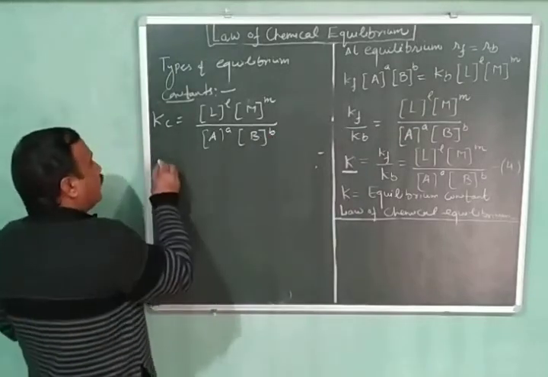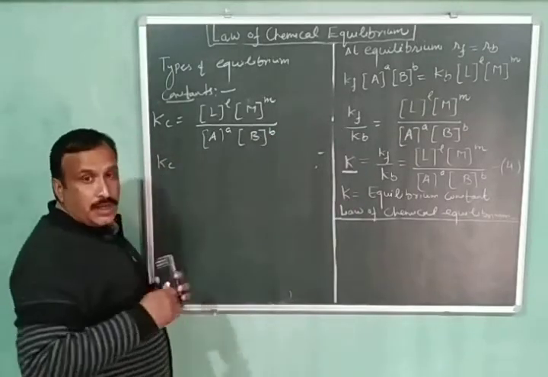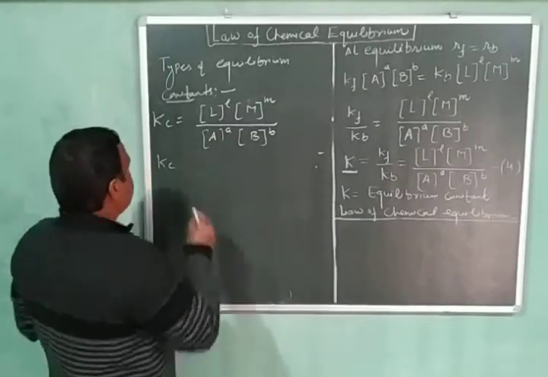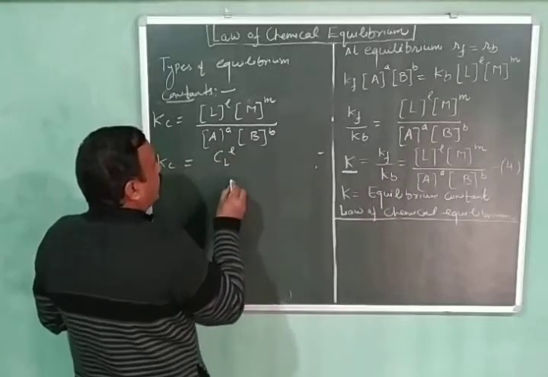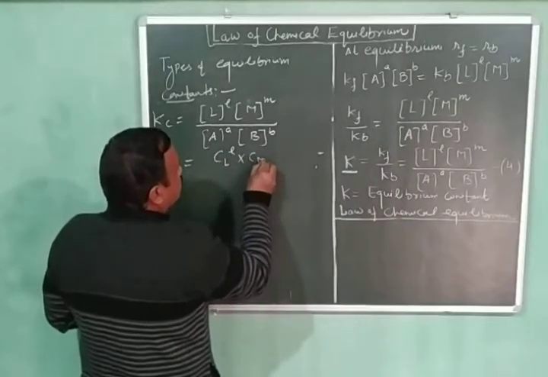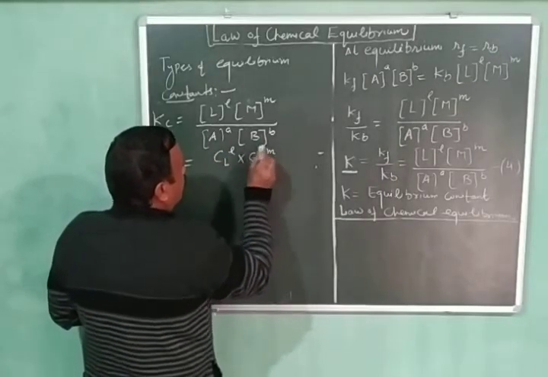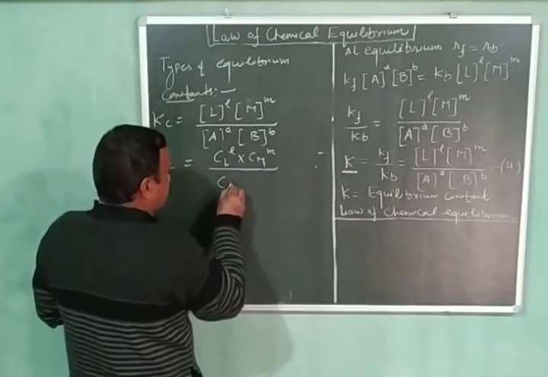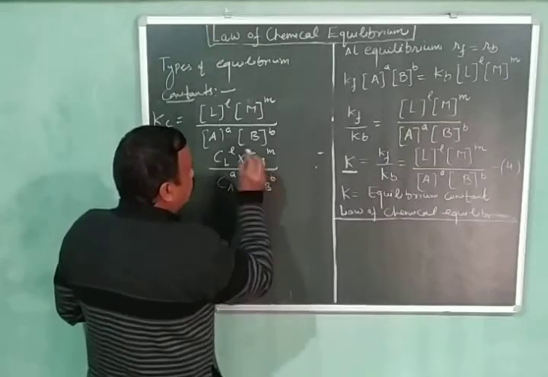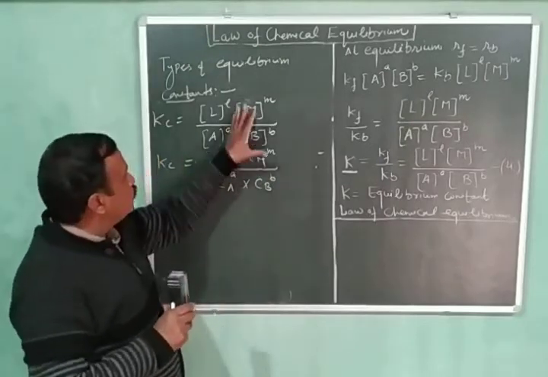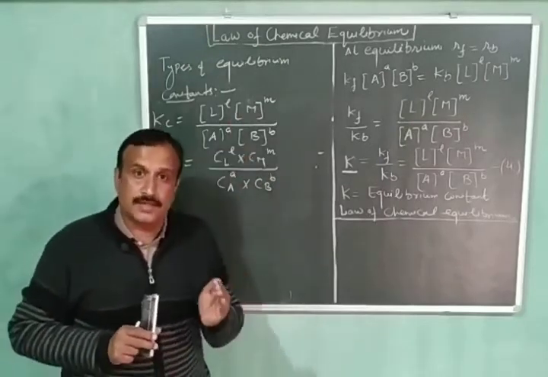Sometimes the molar concentrations are also represented like this, then Kc will be equal to Cl raised to power l into Cm raised to power m, divided by Ca raised to power a into Cb raised to power b. So these two expressions are for Kc.